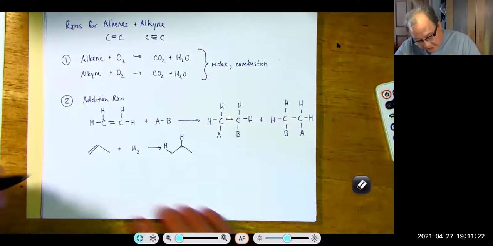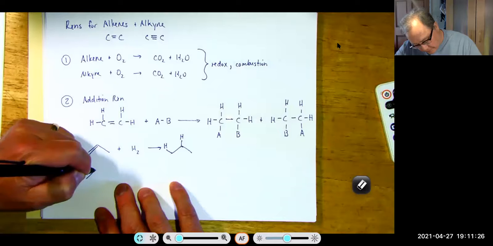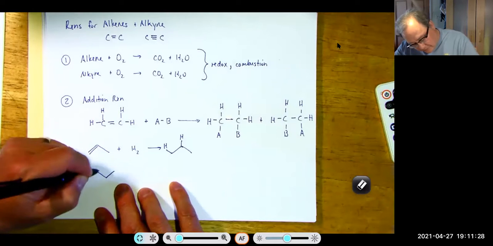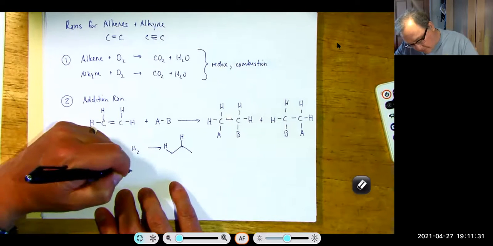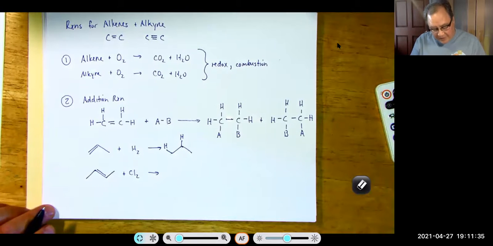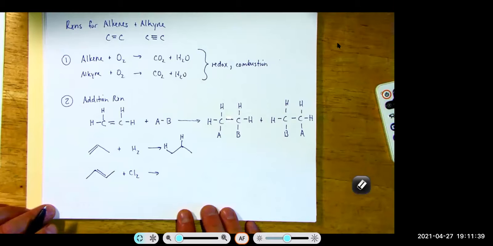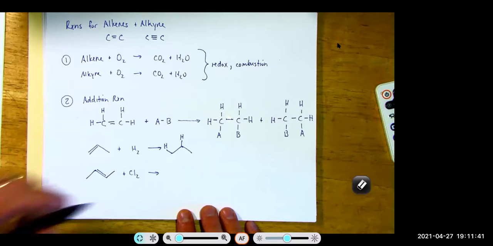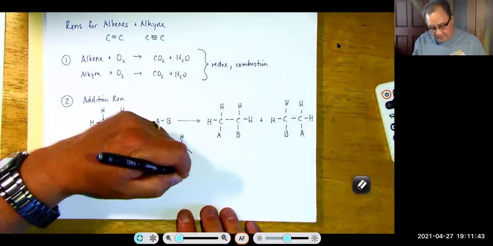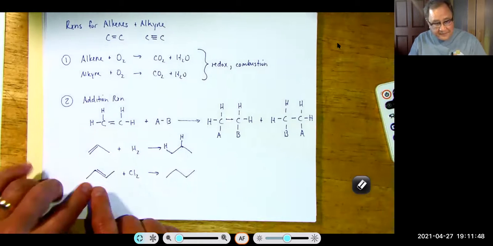Now let's try something like this. Okay, can you see how I have 4 carbons here? So I'm going to draw 4 carbons here. But just like above, the double bond goes away.